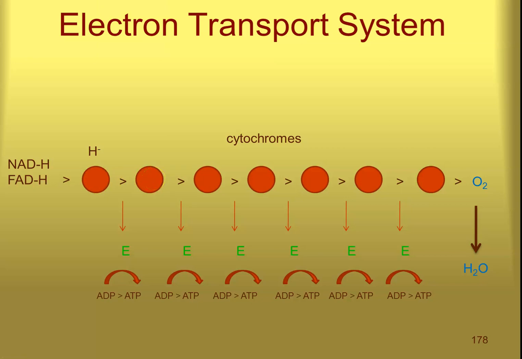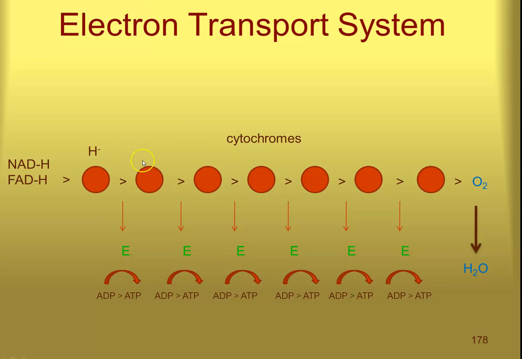When that chemical reaction is carried out, the high energy electron occupying an outermost orbital on the hydrogen falls to a lower energy orbital in the second cytochrome.